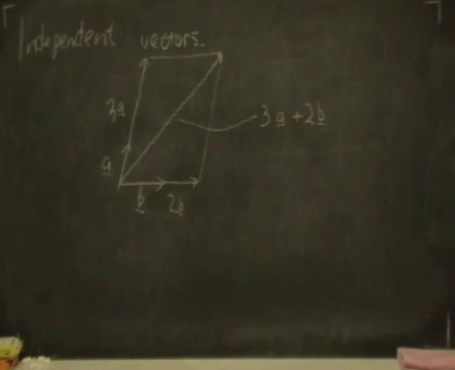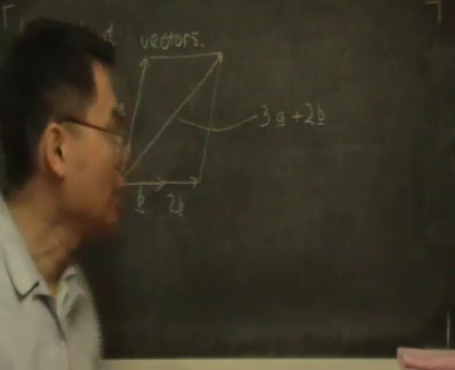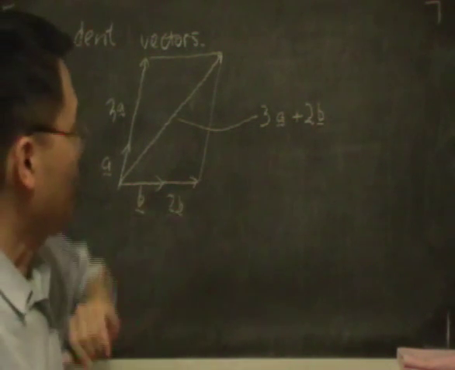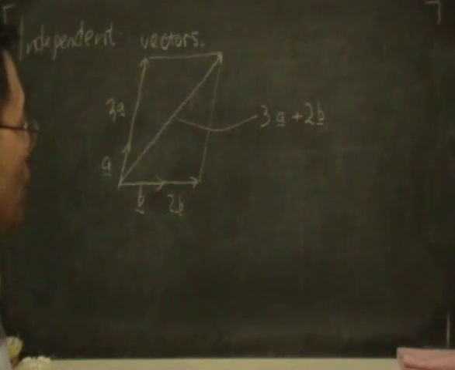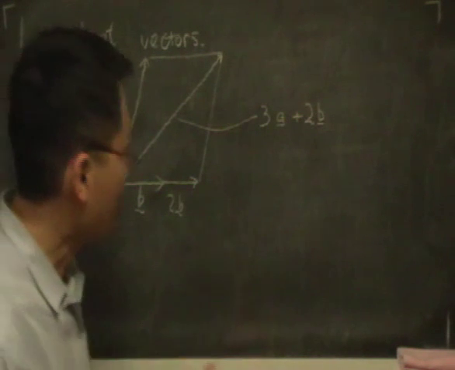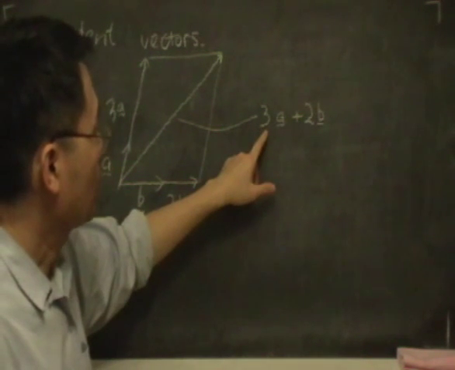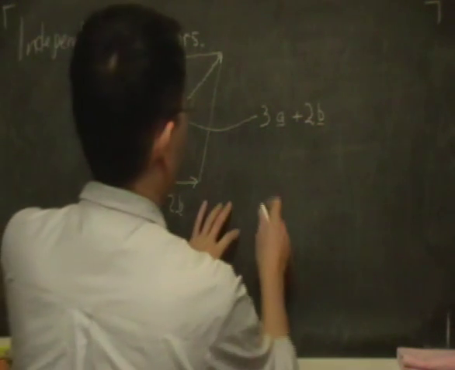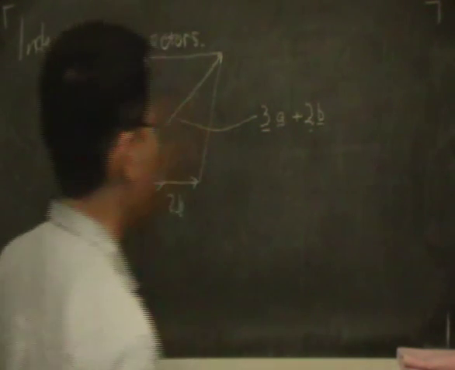Right, so I've got that, but what does it mean? Well, what it means is that you can imagine making up, say, another vector by changing those two numbers.